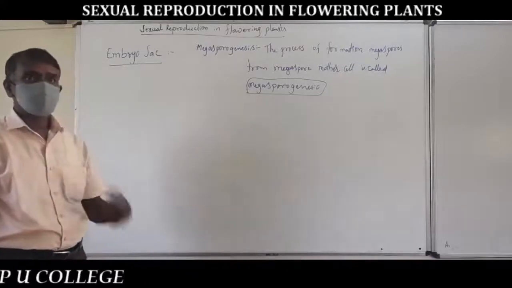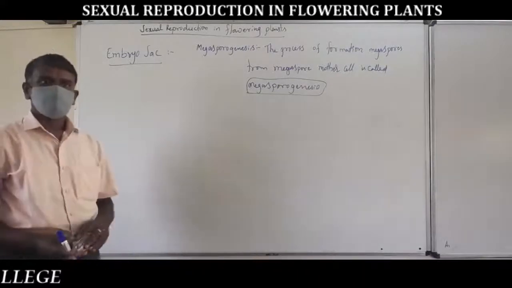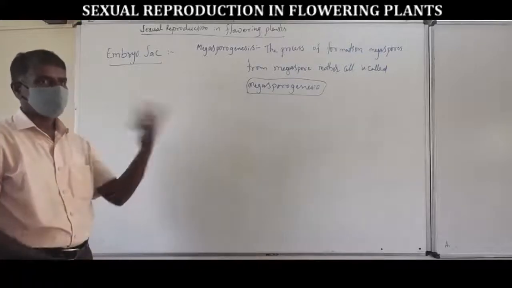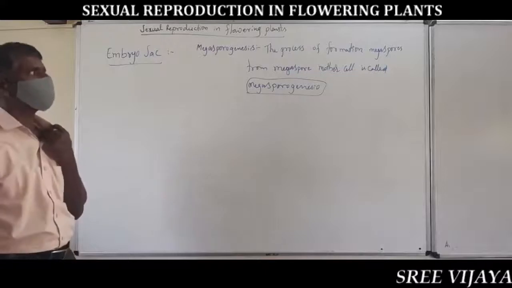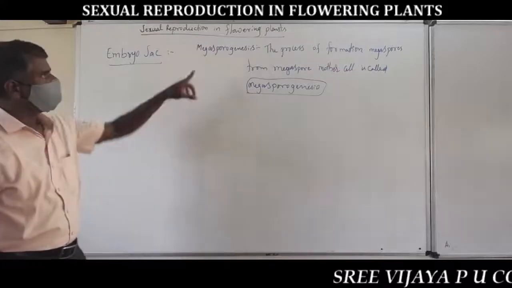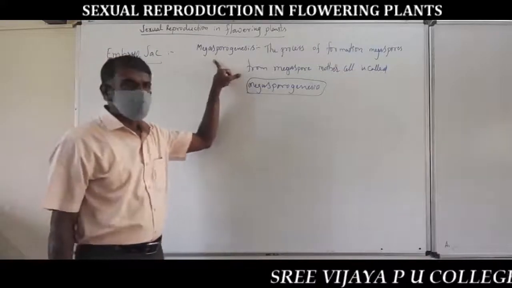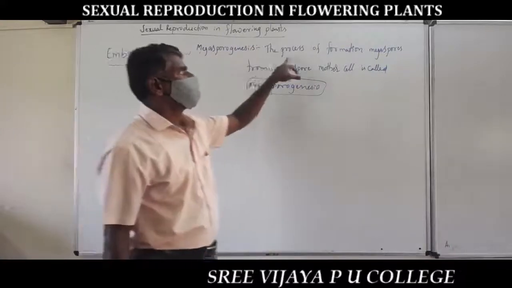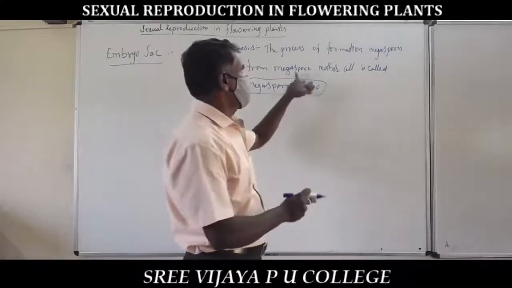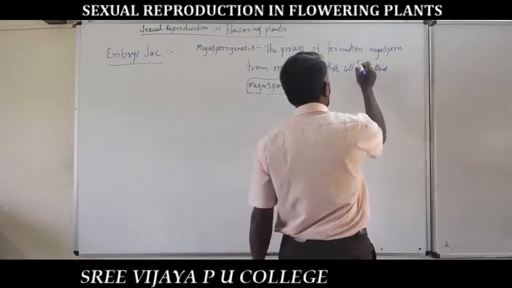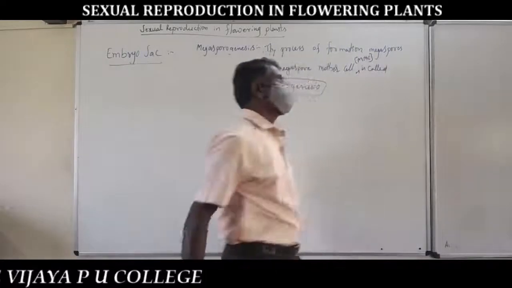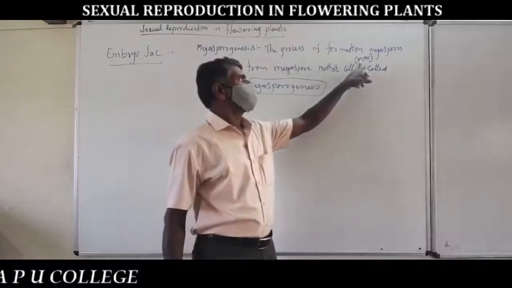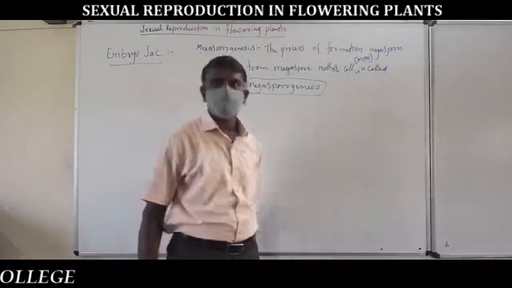As the male gamete is very small in size, that is microsporogenesis, where microspores are formed by the microspore mother cell. As with megaspores, the process of formation of megaspores from the megaspore mother cell, it is MMC. MMC is nothing but the megaspore mother cell.